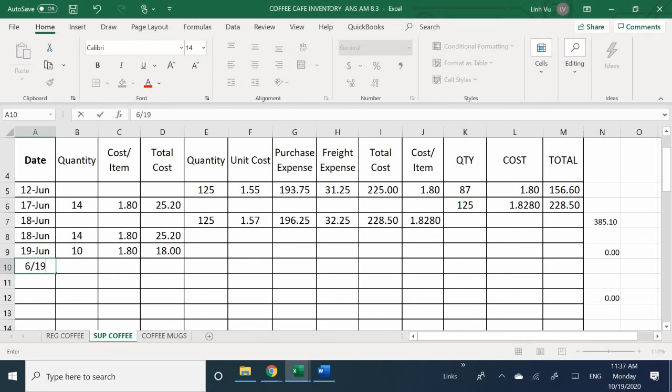So for the Supreme coffee, we also sold 15 items. All right. Which cost per item am I going to use? The first one, for 180. So what is going to be the total amount that I sold? $27 even. Okay. And let's go ahead and update our inventory. We started with 87 minus 15 gives us how much?